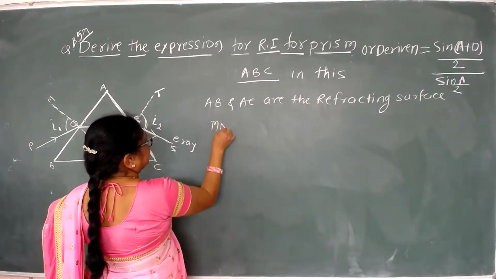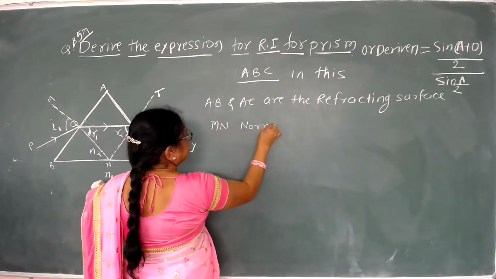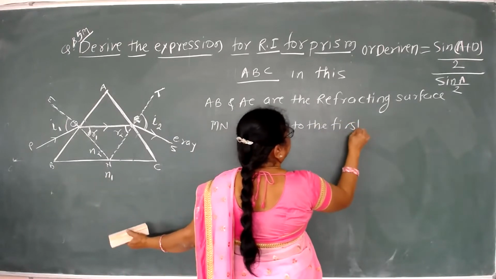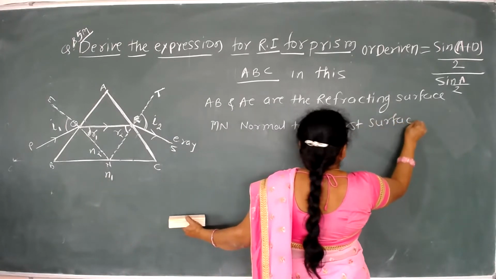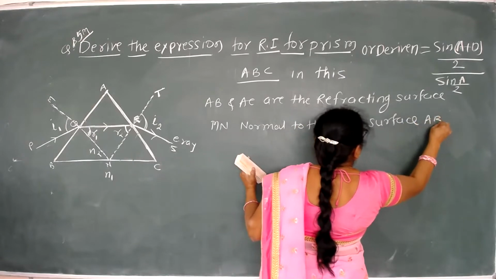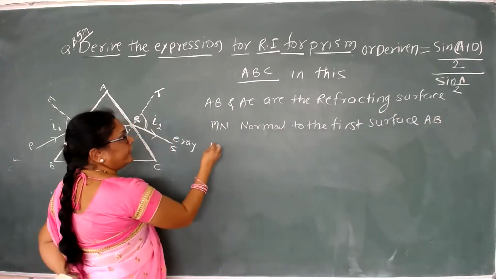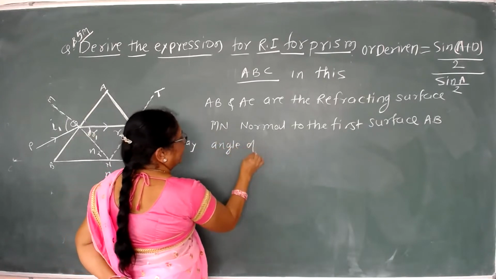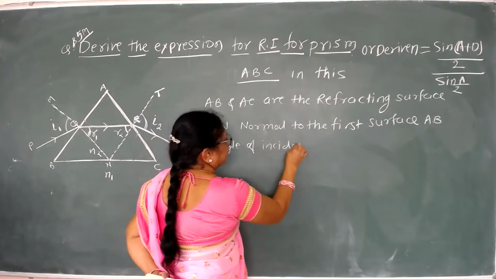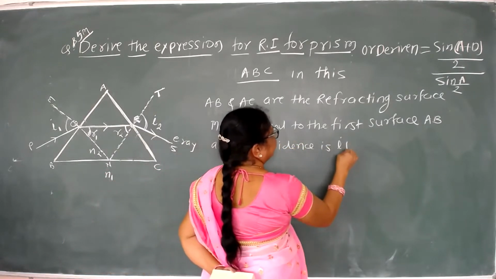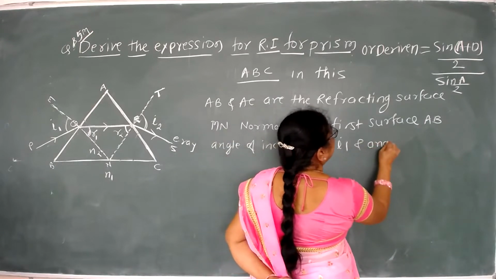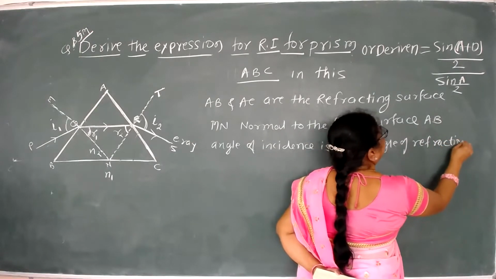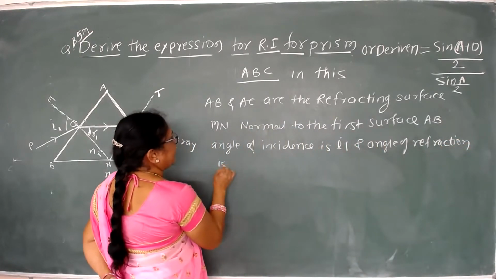MN is the normal to the first surface AB, and for the first surface the angle of incidence is I1, and the angle of refraction is R1.